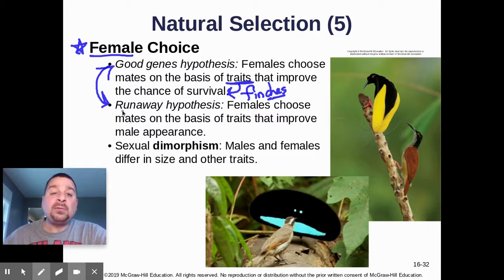Or number two, the runaway hypothesis, females choose mates on the basis of traits or appearance. Now, the reason it's called a runaway is because these appearances can become extreme.